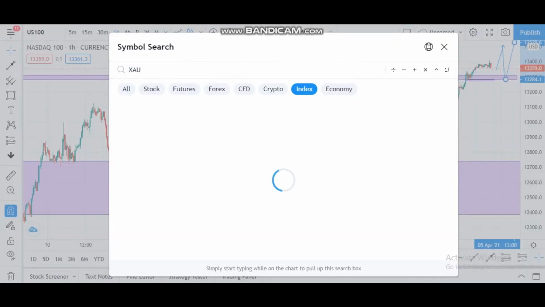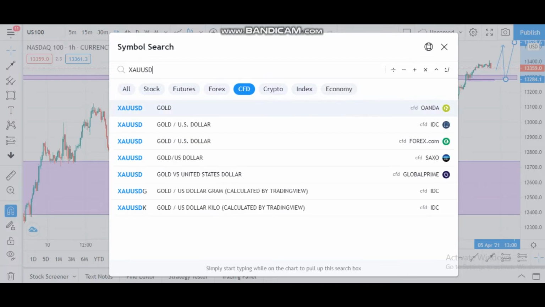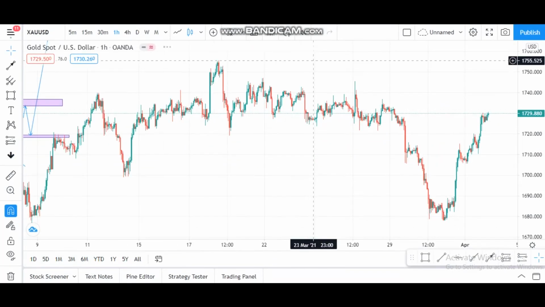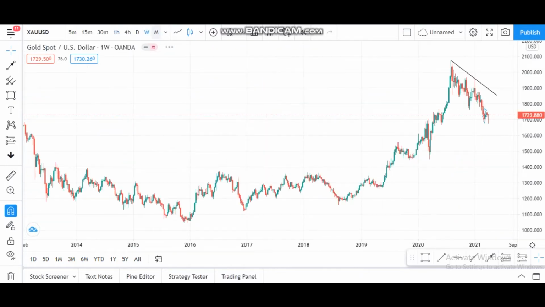XAUUSD under CFD, we have the gold. On gold, we can clearly see that we are in a trend.